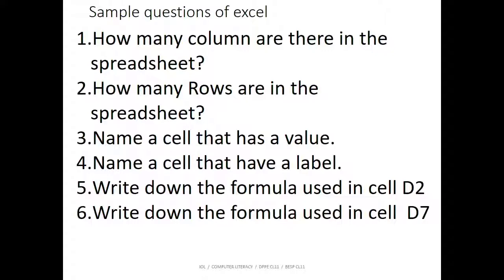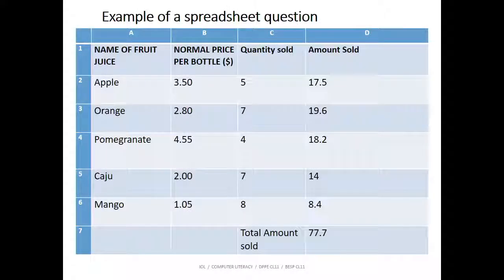How many rows are in this spreadsheet? 7. Another common question is, name a cell that has a value. But before then, what is a value? A value in Microsoft Excel means numbers. So any cell where you can find a number, you can write it.